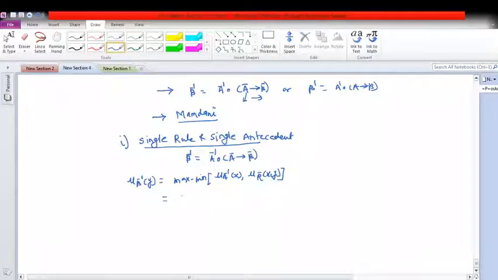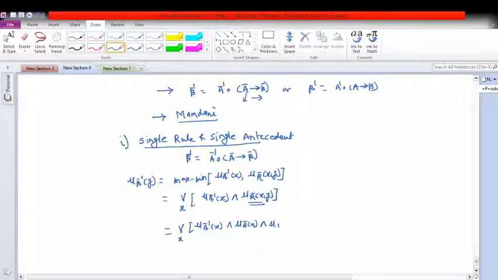And if I select, it will be max over x of mu a bar dash of x, minimum, so intersection, with mu r bar on x y. Again let me expand this, so it will be max over x of mu a bar dash of x and mu a bar of x intersection with mu b bar of y, as it is r, that is mu r of xy can be obtained for a bar coupled with b bar.